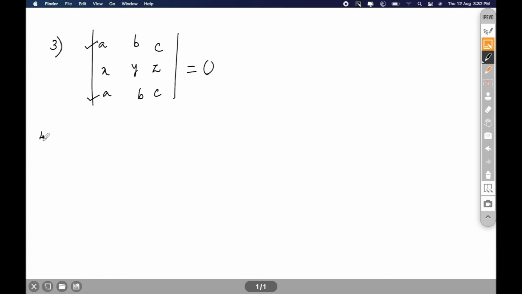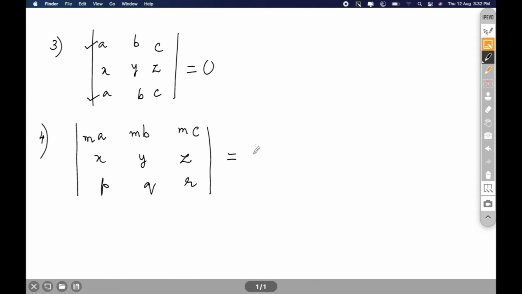Next, the fourth property says that when every element of a particular row is multiplied by a constant, right? So here you can see row 1 has a common factor m. It implies that the determinant is multiplied by the constant m.